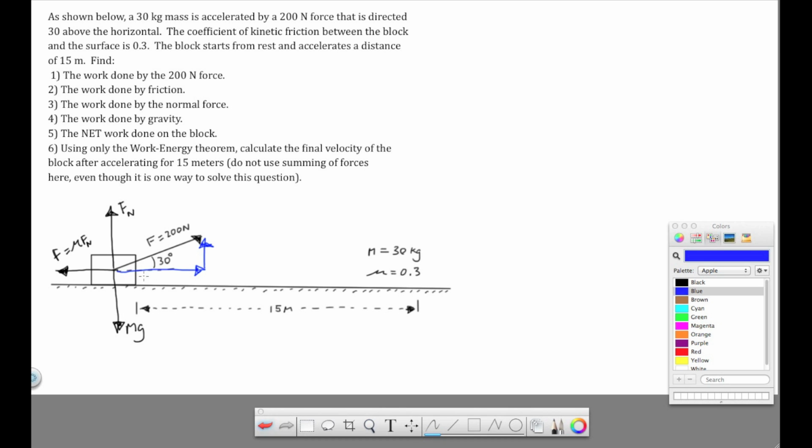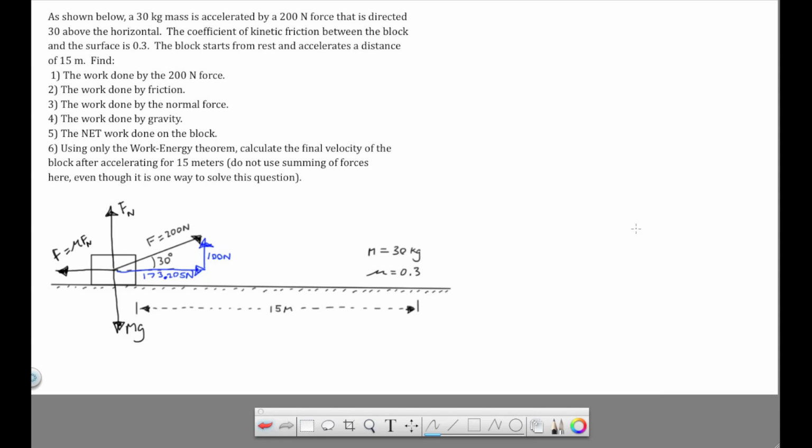Using trig, which I'm not going to show here, the x component is 173.205, and I got that just with a cosine: cosine 30 times 200. And then the y component of the 200 Newton force, we're using sine 30 times 200, and that comes out to be 100 newtons. So we have the x component and the y component of the 200 Newton force.